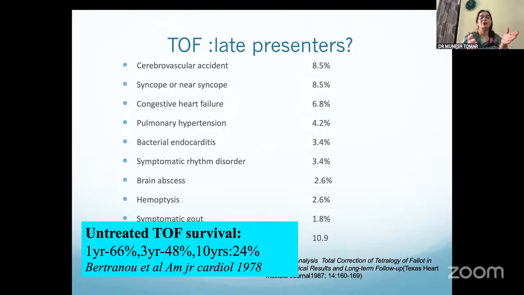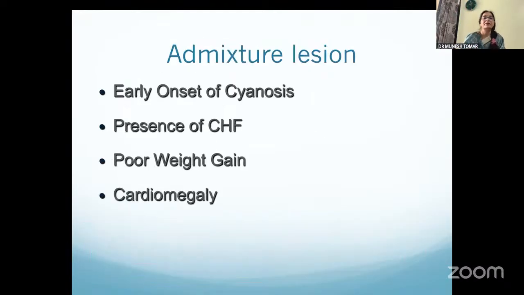This is the cyanotic heart defect with the longest survival in infancy, yet 66%, the majority, we lose in infancy only. At 10 years, survival is only 25%. So this is the sad status of tetralogy of Fallot if we do not treat them on time. If we treat them on time, the majority live an acceptable, good quality of life.